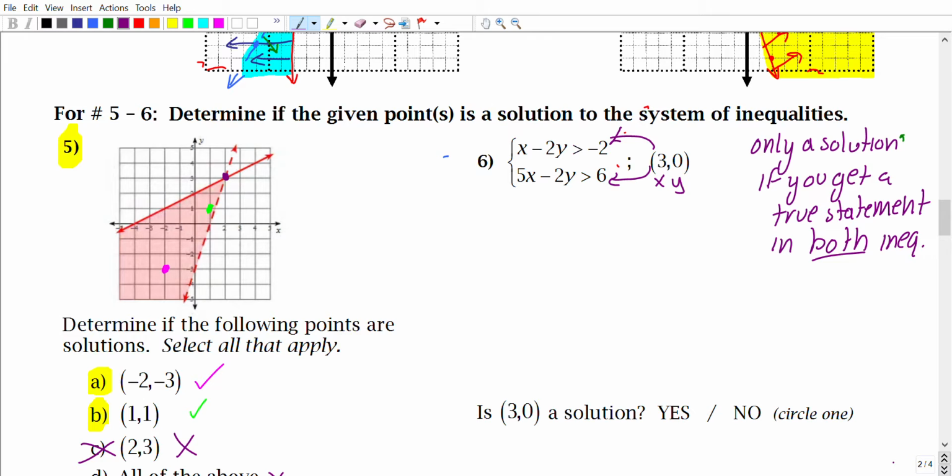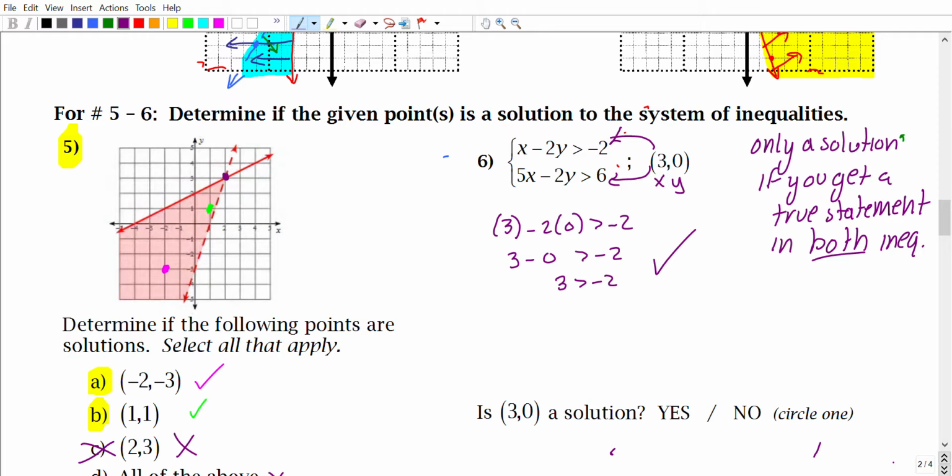So let's go ahead and substitute those values in for this first one. So I'm going to get 3 minus 2 times 0 is greater than -2, all right? Well, this is really just 3 minus 0 is greater than -2, or in other words, 3 is greater than -2. Is that a true statement, guys? Is 3 greater than -2? Yes, it is.